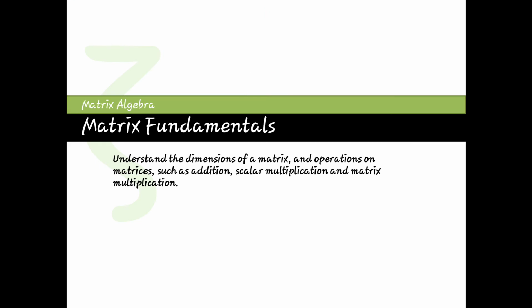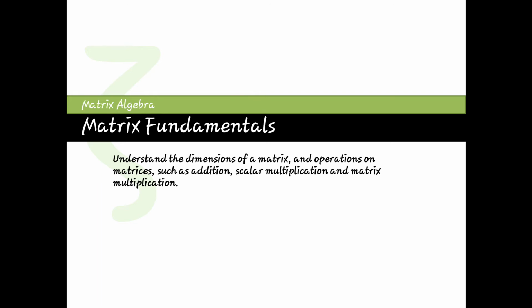Matrix fundamentals: understanding the dimensions of a matrix and operations on matrices such as addition, scalar multiplication, and matrix multiplication. Scalar multiplication means any number, which is a real number, is a scalar, and it can be multiplied by any matrix, as we've seen in our previous slide.